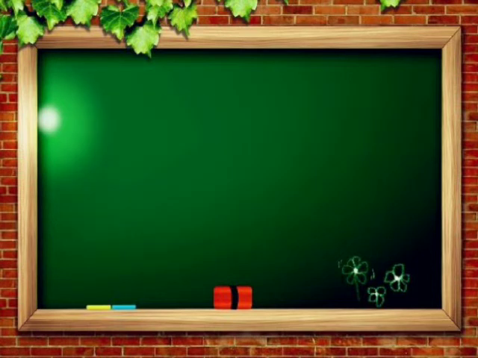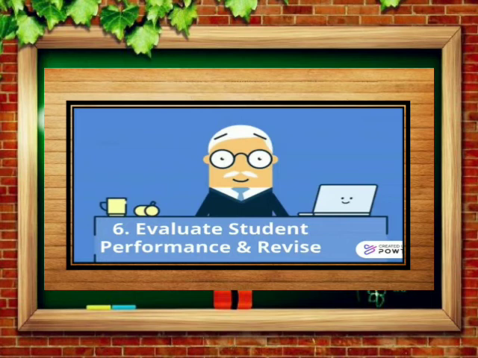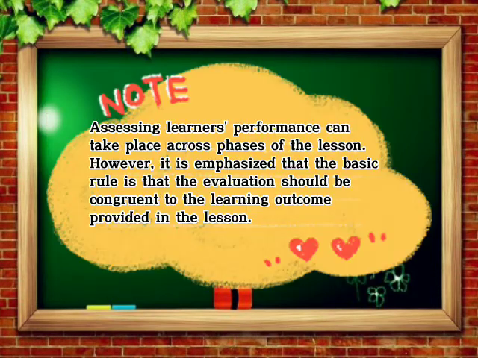The sixth and the last element is evaluate student performance. Assessing learners' performance can take place across phases of the lesson. However, it is emphasized that the basic rule is that the evaluation should be congruent to the learning outcome provided in the lesson.